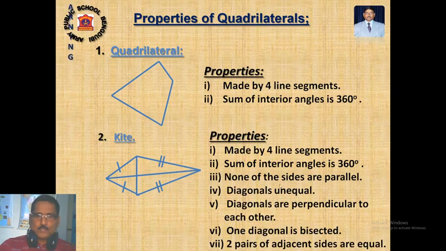Made by four line segments, sum of interior angles is 360 degrees, none of the sides are parallel, diagonals unequal, diagonals perpendicular to each other, one diagonal bisected, two pairs of adjacent sides equal. This angle is equal to this angle, but this angle is not equal to this angle. One pair of opposite angles will be equal only.